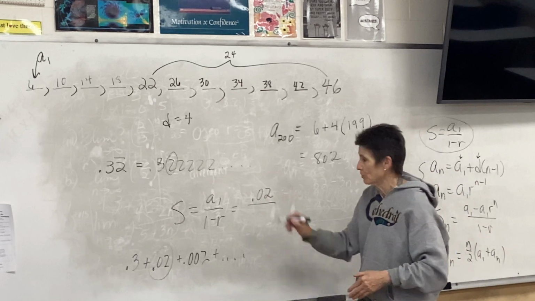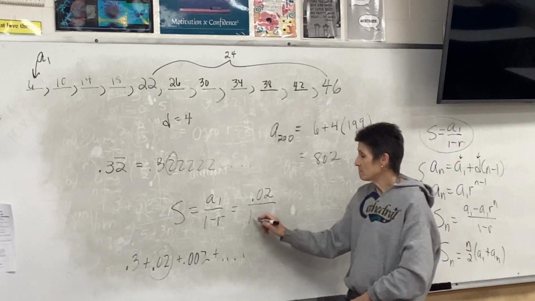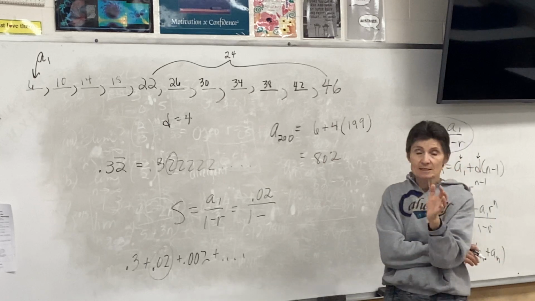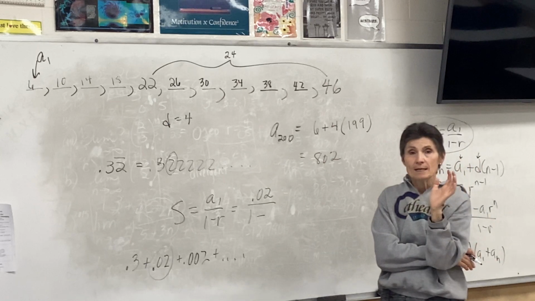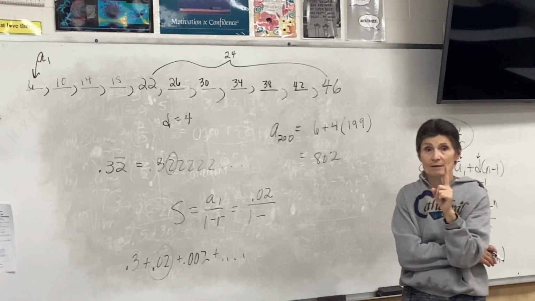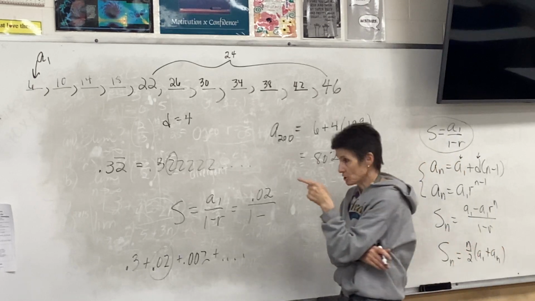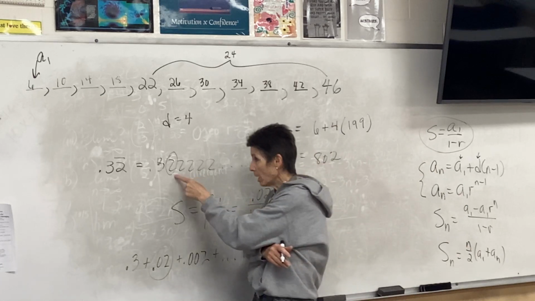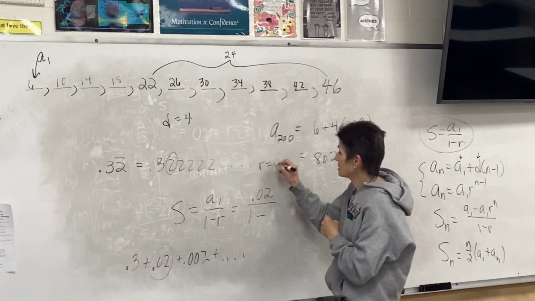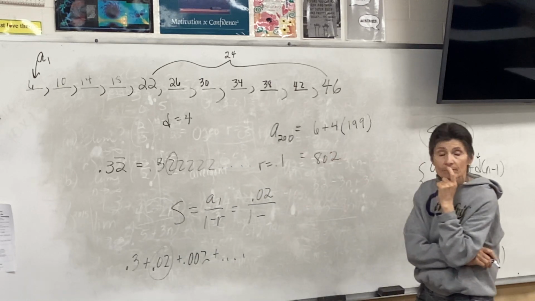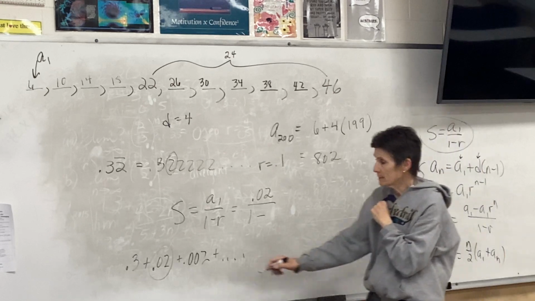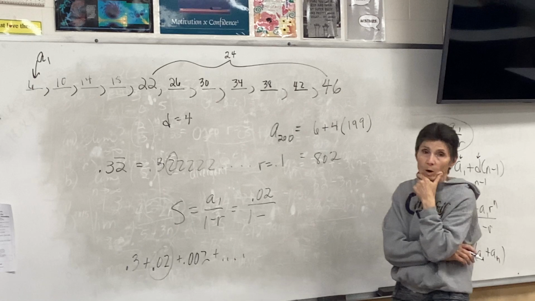So there's the first term. Now, what's my ratio? We've talked about this over and over. If you have one number repeating, which is what's happening here, then your ratio is 0.1. Period. Each term is moving one decimal place, 0.1.